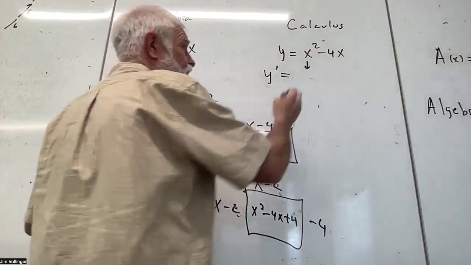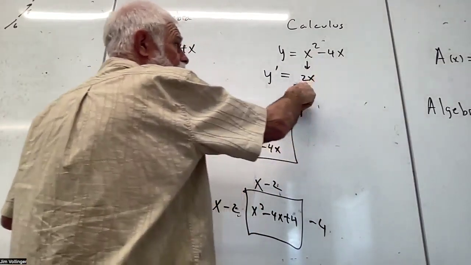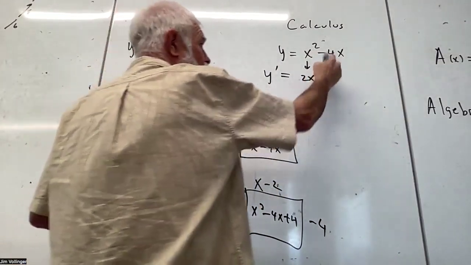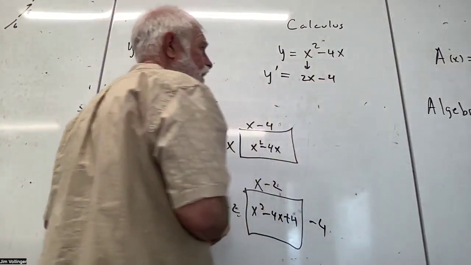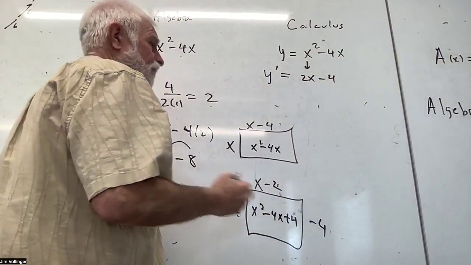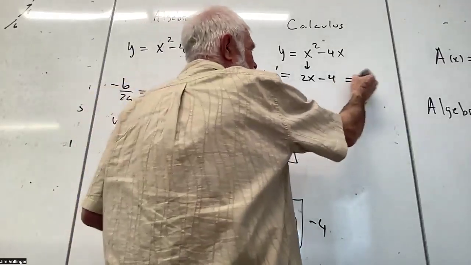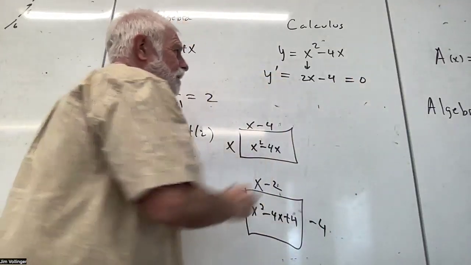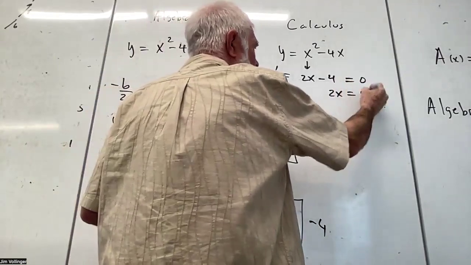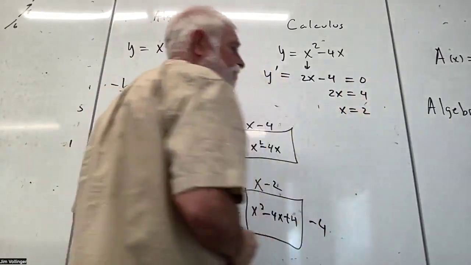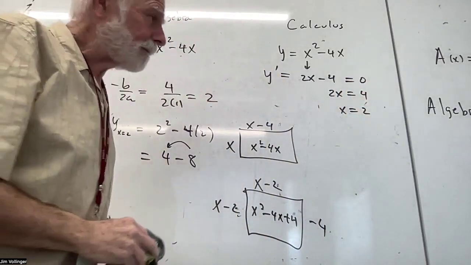And that is changing according to that formula. And minus 4x is always going down at 4 to 1. And if I want to find a max or a min, I can set that to 0. And when does 2x equal 4? When x equals 2. So that's from a calculus standpoint.